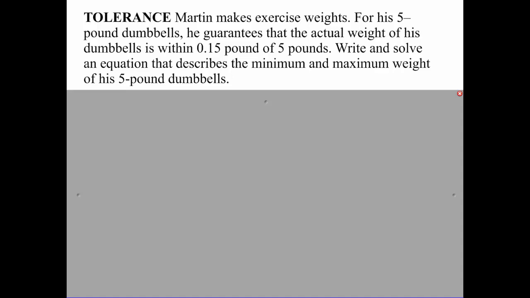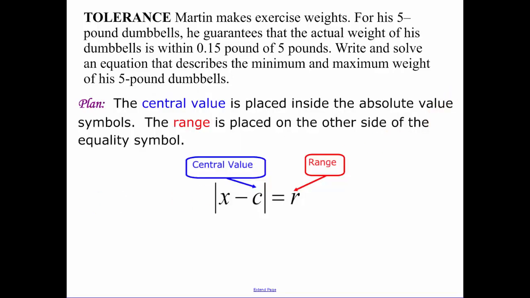Now this is an absolute value equation. The central value is placed inside the symbol, and the range is placed on the other side. So if you think about it, what is our range? What is he guaranteeing they're going to be within? He's guaranteeing they're going to be within 0.15 pounds.